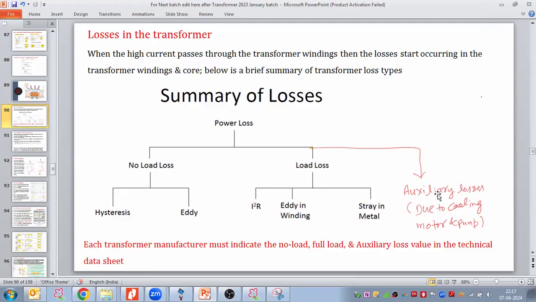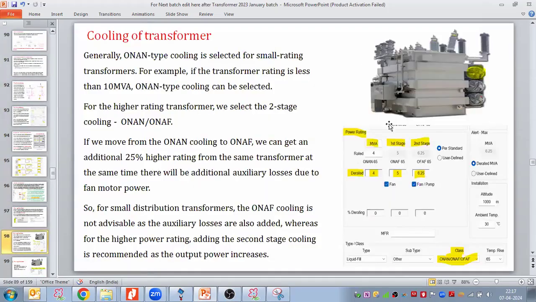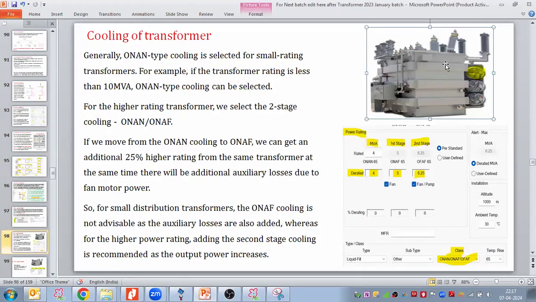The third type of loss we have is called auxiliary losses. Auxiliary losses means, if you see here, let me take a transformer photo. Here we have the transformer, the tank, and the radiators. In the radiator, we have placed a fan. This fan has a motor, which forces air into the radiator.